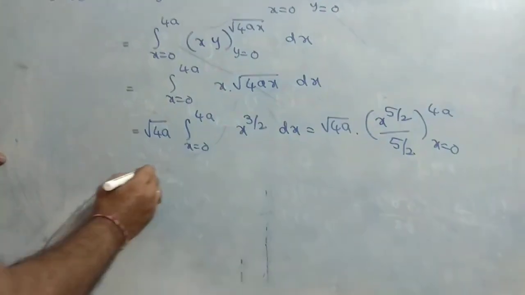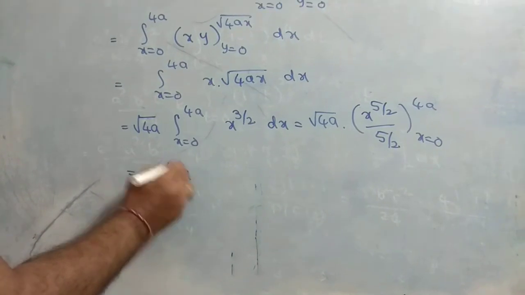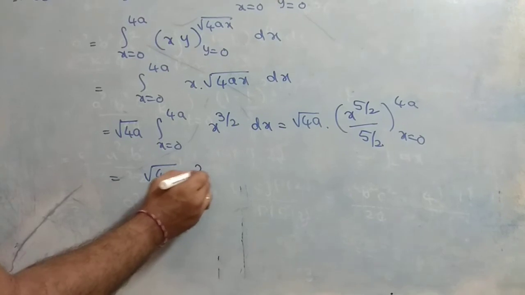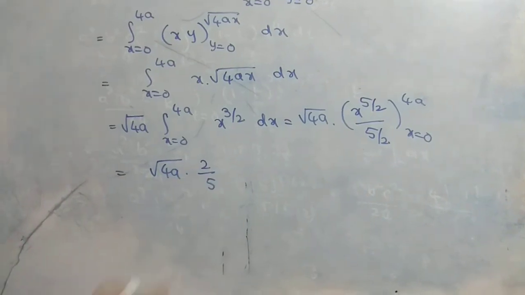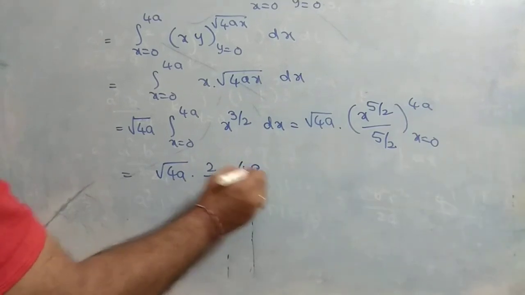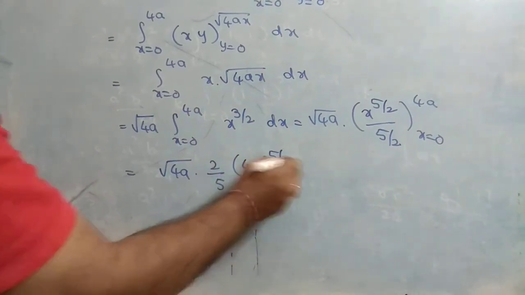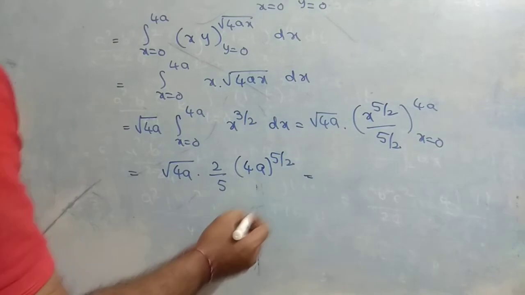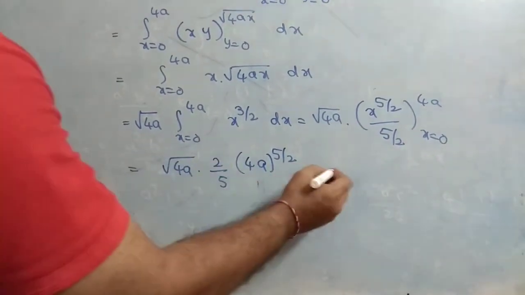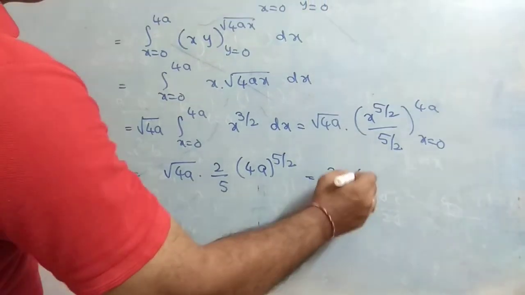Right? Now this is equal to root of 4a. Substituting that 5 by 2, you can write it as 2 by 5. And x to the power of means it is 4a whole power 5 by 2. Or this I can write as 4a power 1 by 2, 4a power 5 by 2. So 2 by 5, it is 4a.